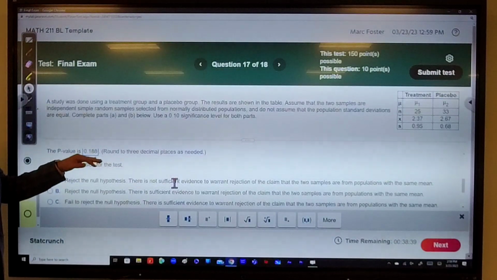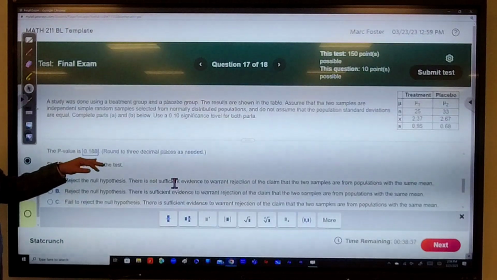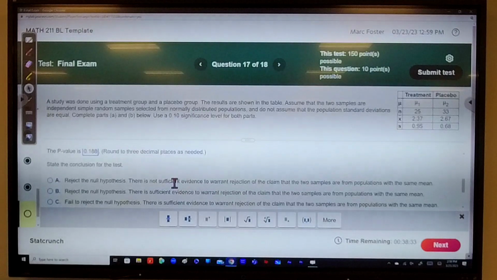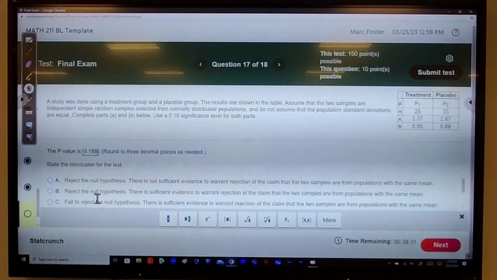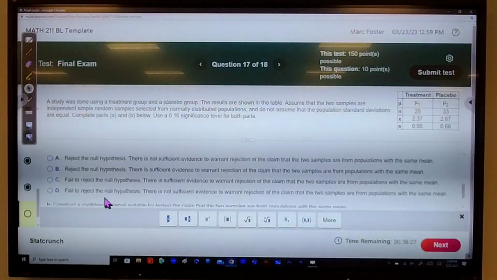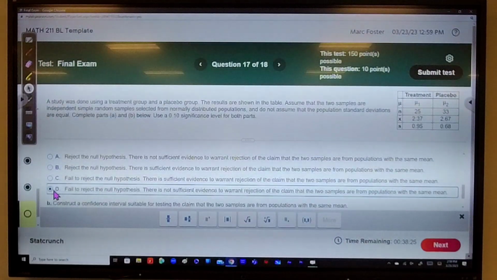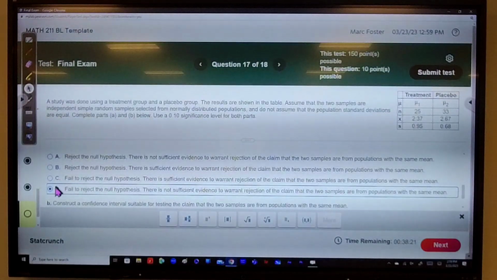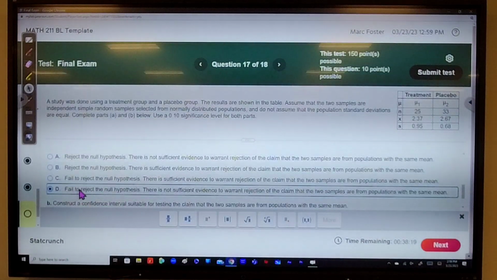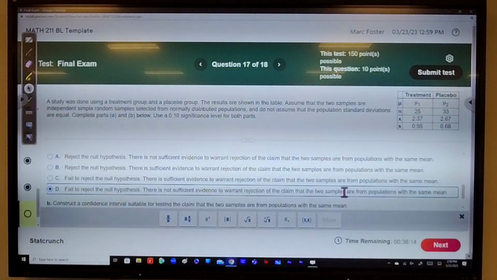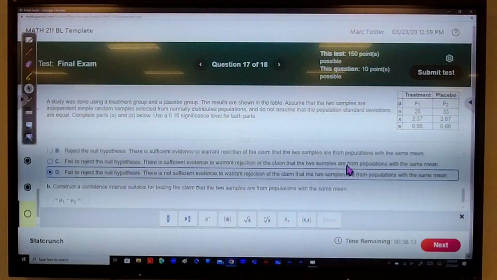I don't want an 18% chance of something bad happening to me, no matter what it is, really. That's too much. So I'm not going to reject. I'm going to fail to reject. And if you fail to reject, you don't have sufficient evidence. There is not sufficient evidence to reject. It's the most straightforward way you could do it.